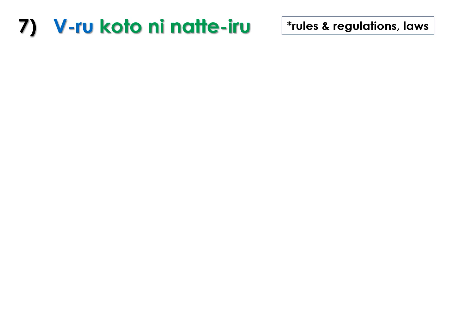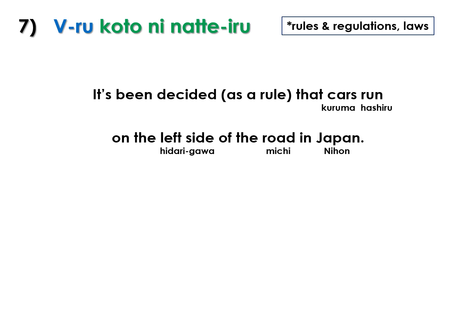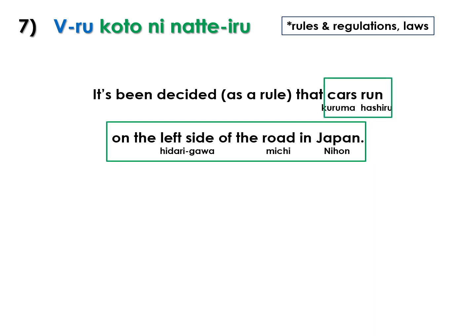It's not mentioned who imposes these rules, but usually it's the government or some authority. That's obvious. So for example, this sentence, it's been decided as a rule that cars run on the left side of the road in Japan. We nominalize cars run on the left side of the road in Japan.